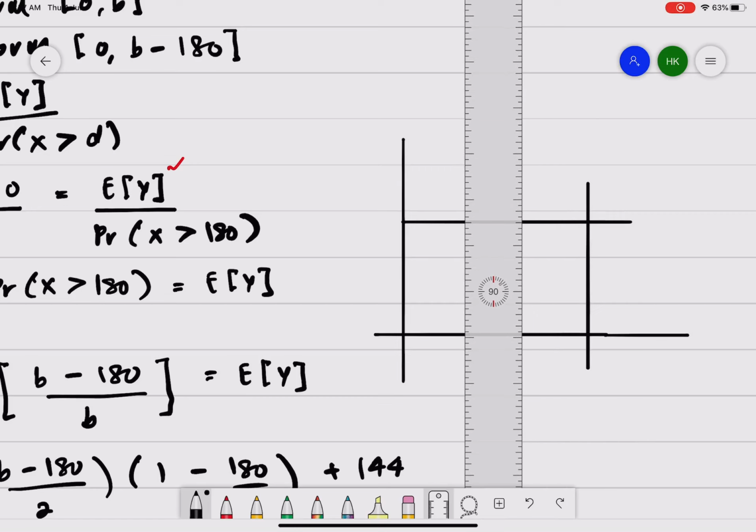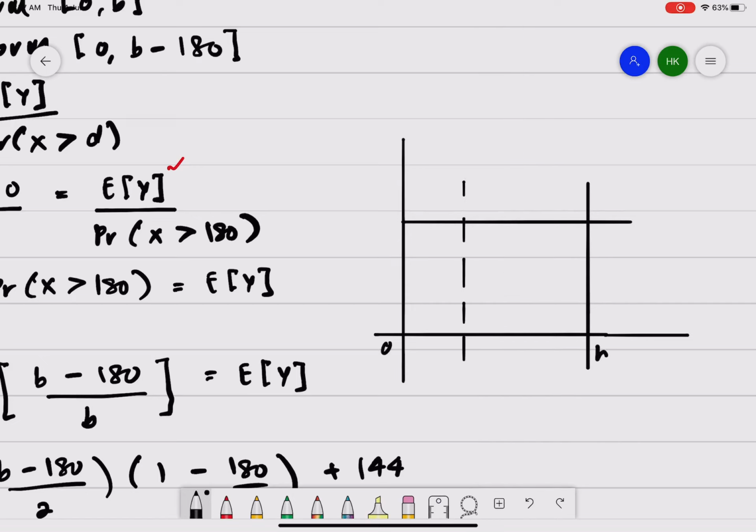Let's say this is 180 here. This is 0, and this is B, and this is 180. And of course, because this is uniform from 0 to B, the top here is 1 over B. So survival, the probability of X greater than 180, is this area here.